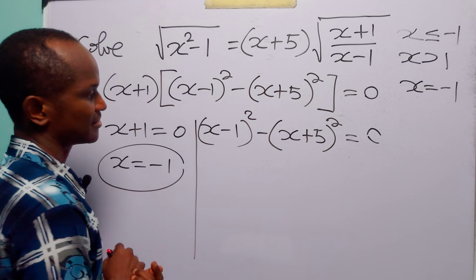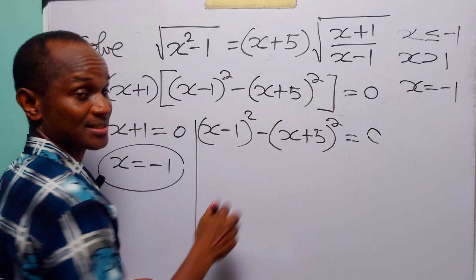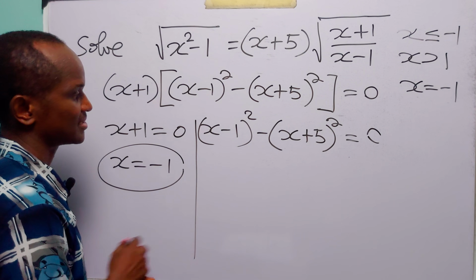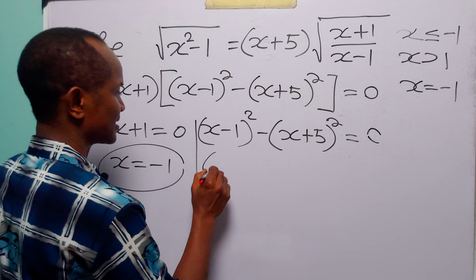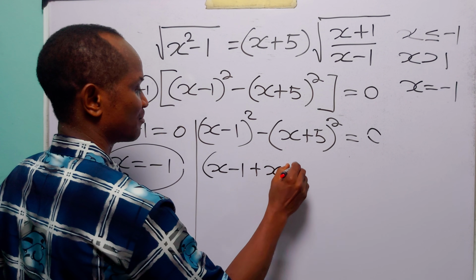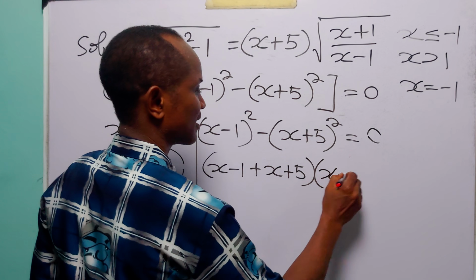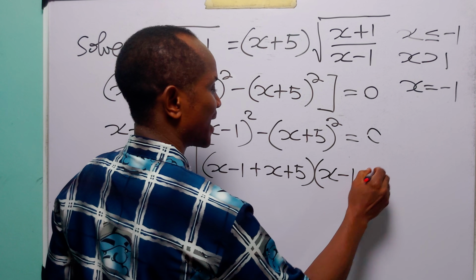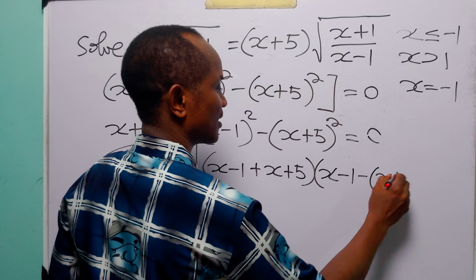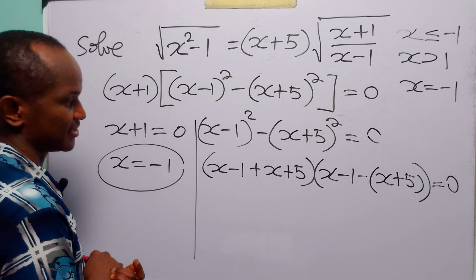Now let us look at this. It's very easy to see the difference of two squares, and you know how we factorize this. We can factorize this as x minus 1 plus x plus 5 times x minus 1 minus x plus 5, and this is equal to 0.